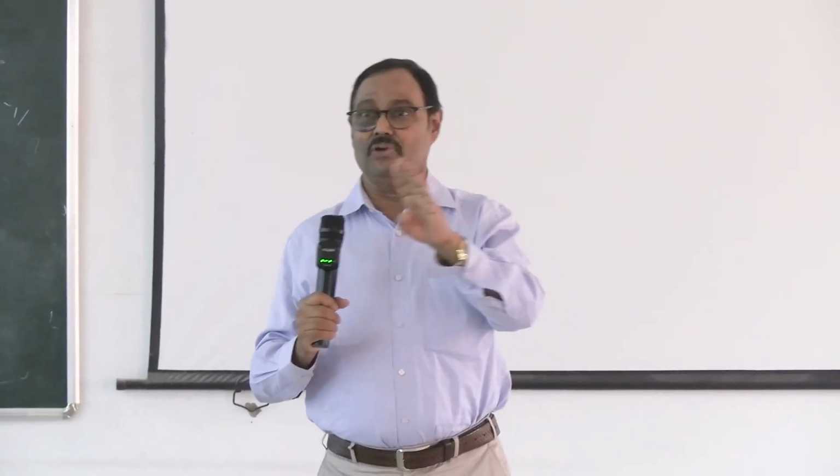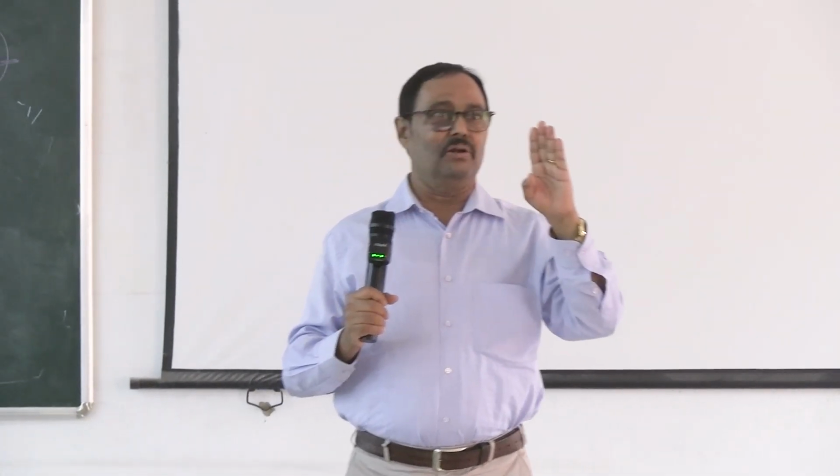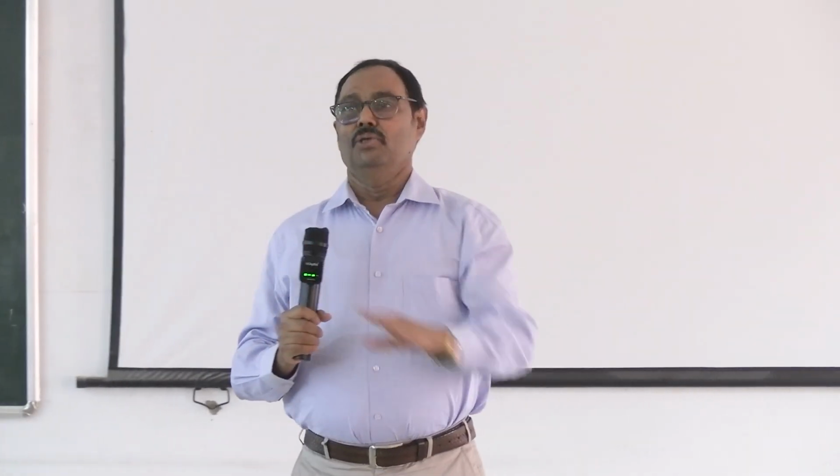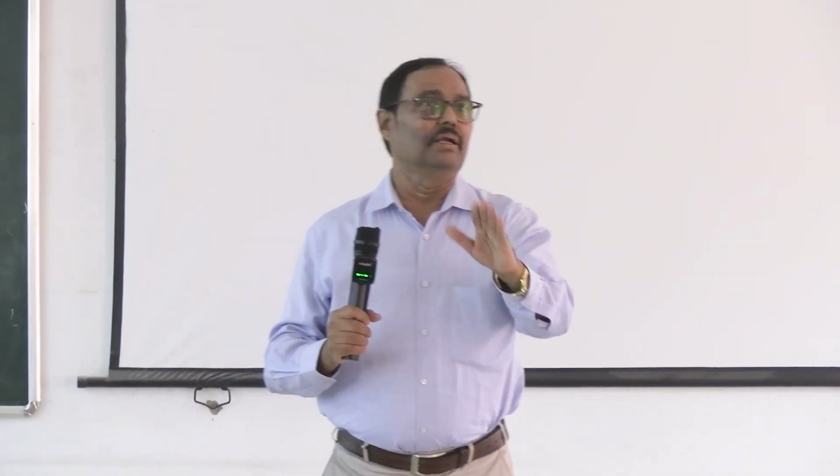This is the classical definition. I am not saying peripheral vascular disease, because peripheral vascular disease means artery and vein both, and also the lymphatic system. So it is peripheral arterial disease.